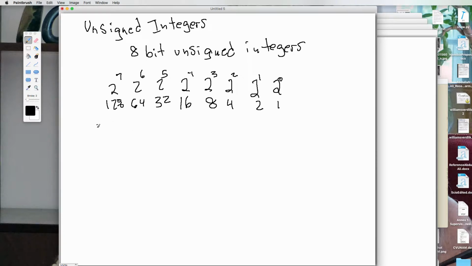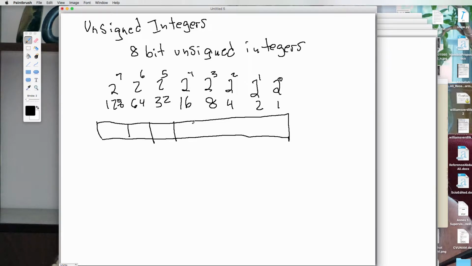So if I come along here, and I have an 8-bit number, and let's make sure we have 8 squares for it. And suppose the number is something like this.